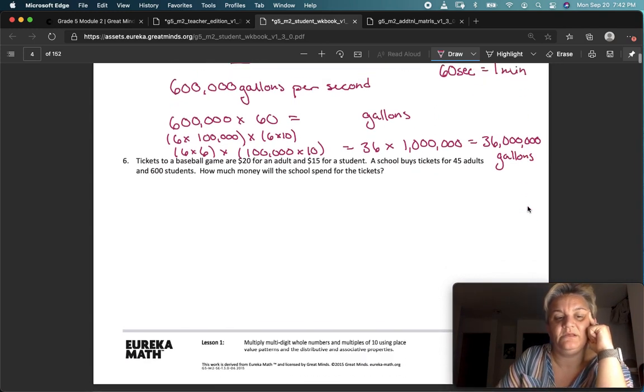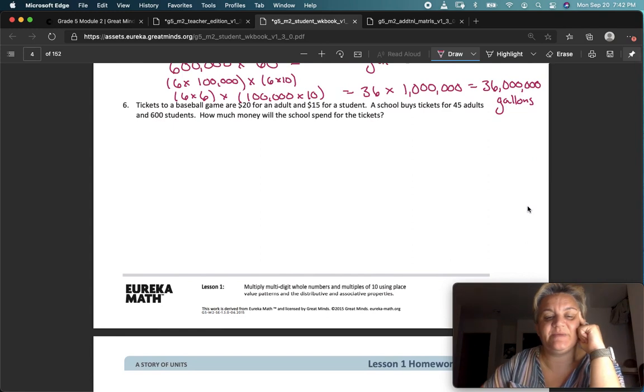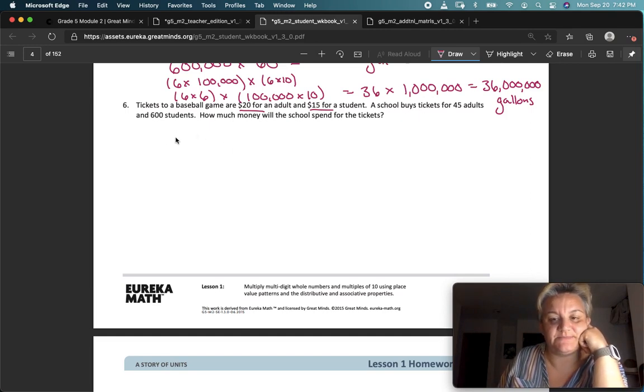Wow. Number 6, tickets to the baseball game are $20 for an adult and $15 for a student. A school buys tickets for 45 adults, okay, 45 adults at $20, and 600 students at $15. That's a big school. That's like twice the size of our school.